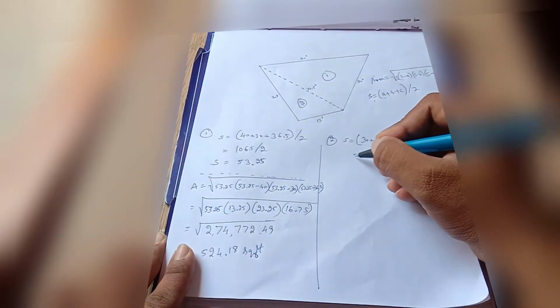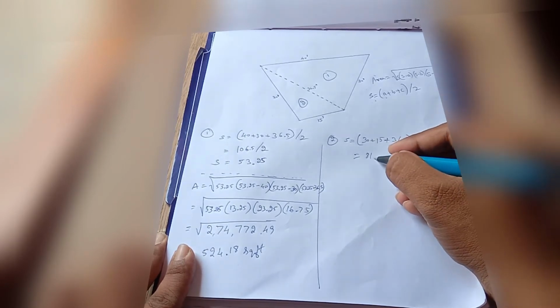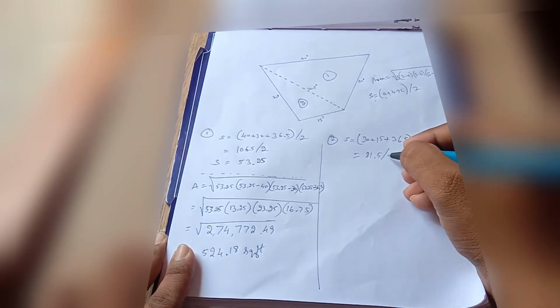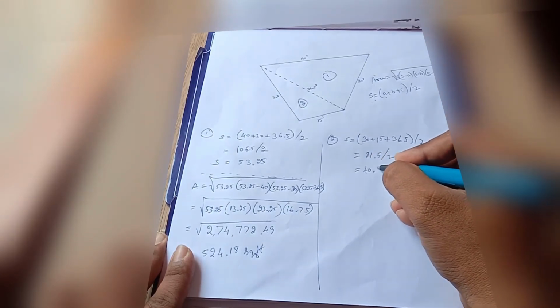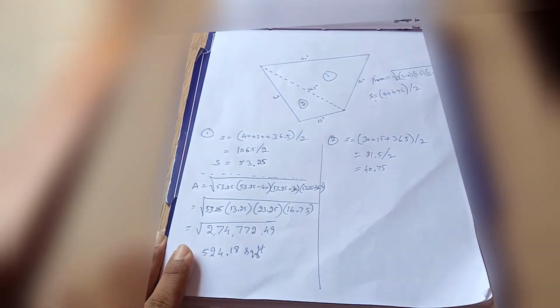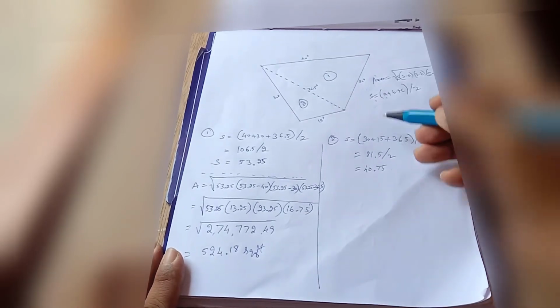When we add these three numbers, we get 81.5 divided by 2, that is 40.75. This is the s number for the second triangle.